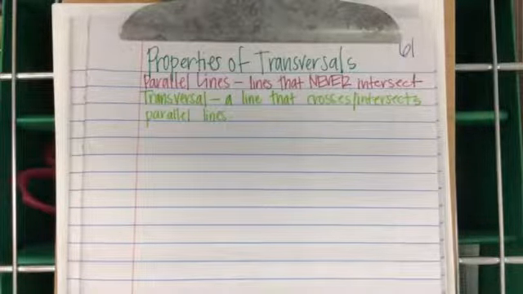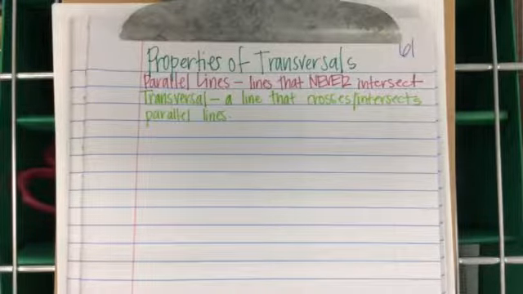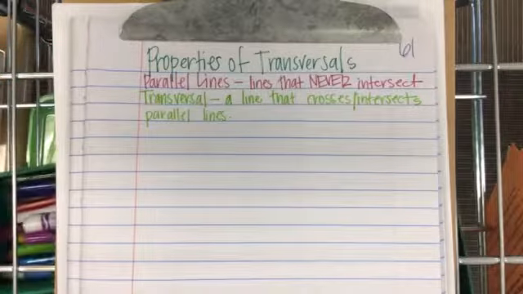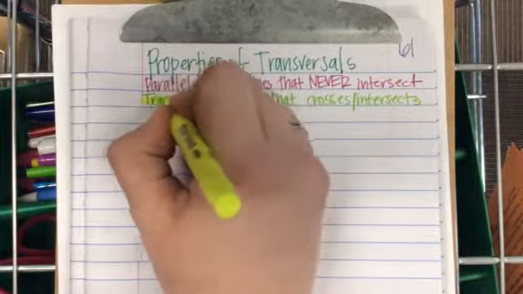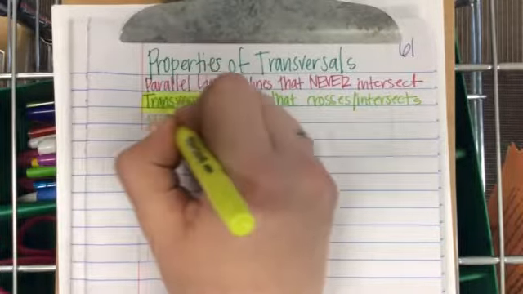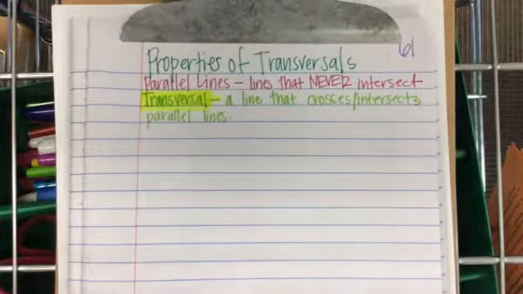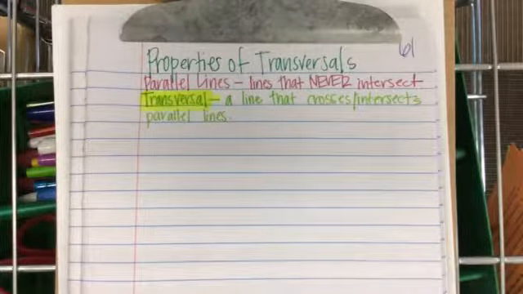It's usually, I'm not going to say all the time, but it's usually diagonal. Okay? I'm also going to highlight the word transversal because I'm going to highlight my transversals in my pictures to make my life a little bit easier. It's another visual cue.